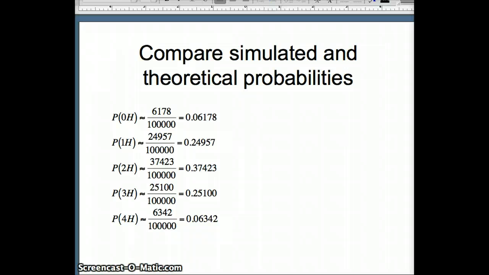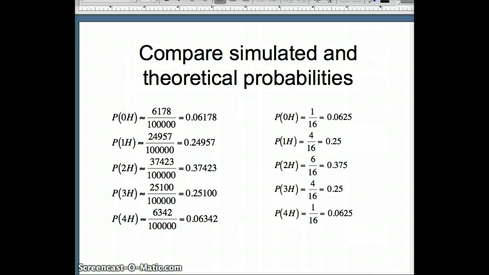So here are our simulated probabilities, and here are our theoretical probabilities. Our simulated probability is 0.06178, our theoretical probability 0.0625. So you can see, good to 2 or 3 decimal places, pretty good. 0.24957 compared to 0.25, pretty good. 0.37423 compared to 0.375. 0.25100 compared to 0.25. 0.06342 compared to 0.0625.